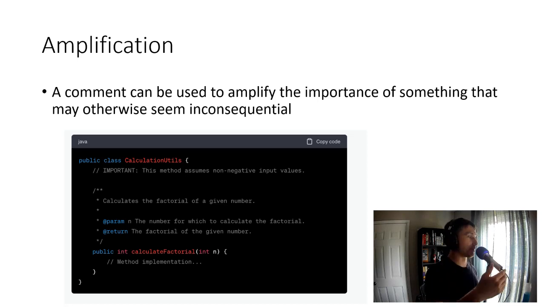Now I would say that's a pretty good clarification comment, and it's amplifying the fact that, just by reading the calculate factorial method here, you can't really tell whether whoever wrote it intends you to use values that are greater than 0.